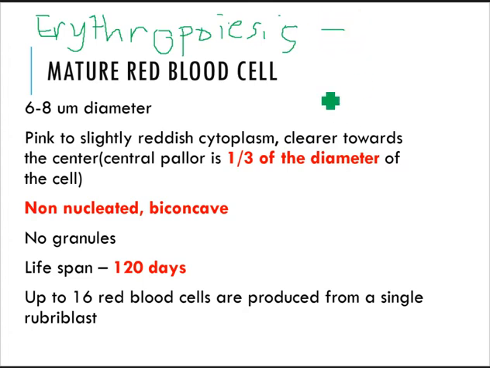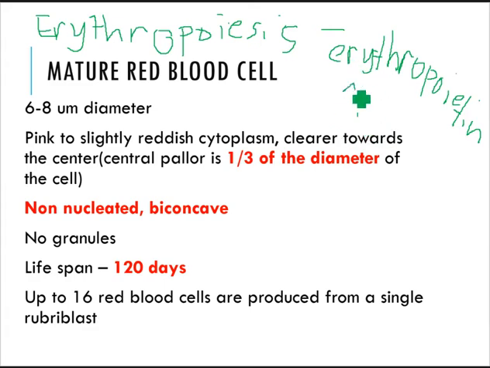Erythropoiesis is usually regulated by erythropoietin. So the higher your erythropoietin, the more RBCs it will make.